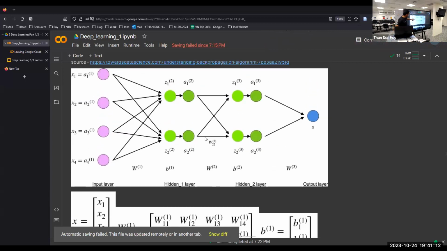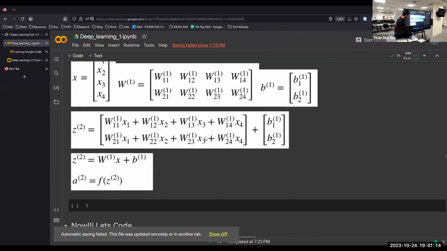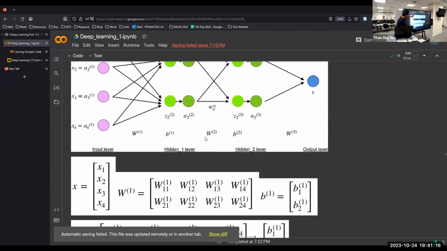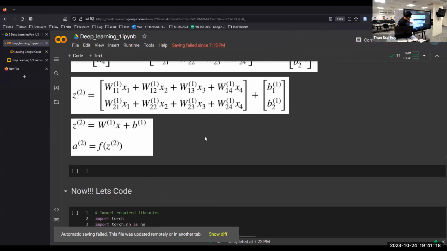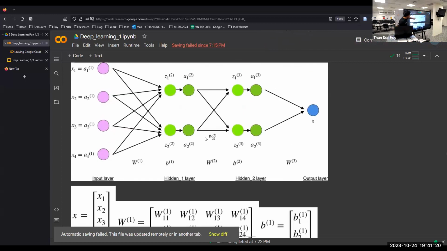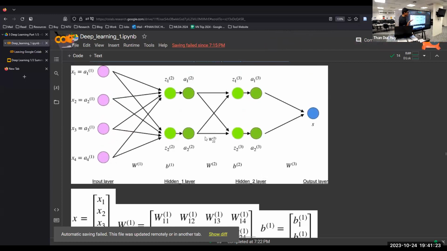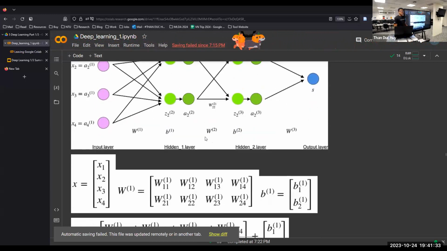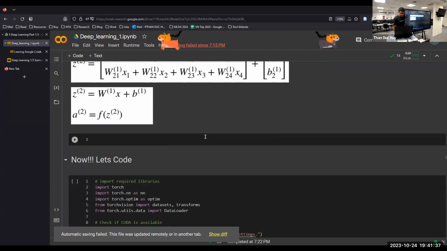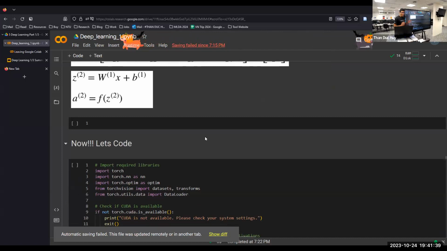A2 has two rows, and those rows represent the outputs from this and this. And you can do that again and keep on doing that to make more complicated functions and to get more complicated values. Okay, now let's code.